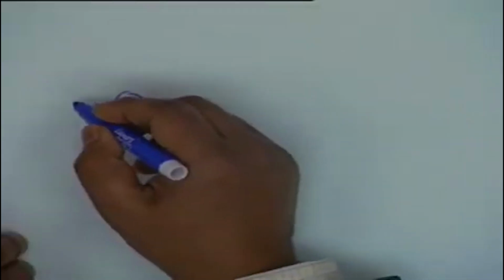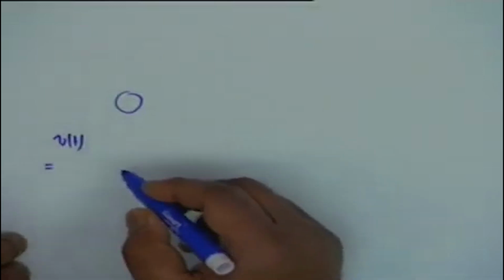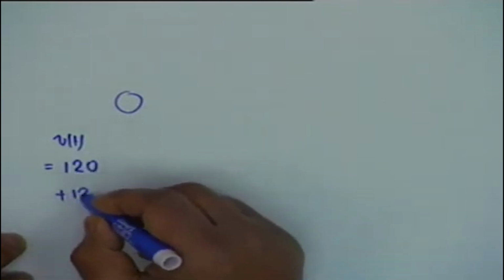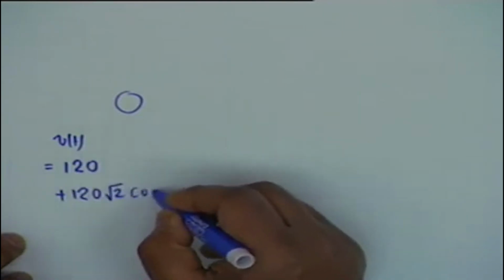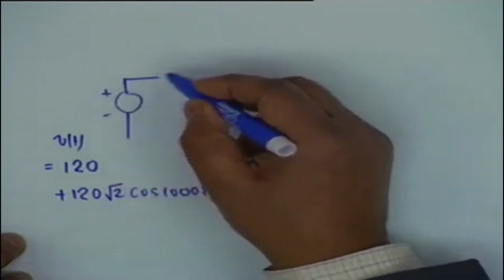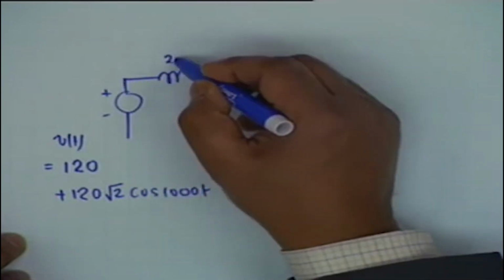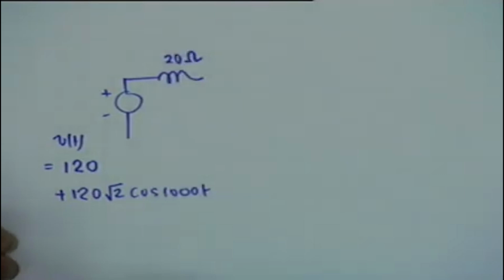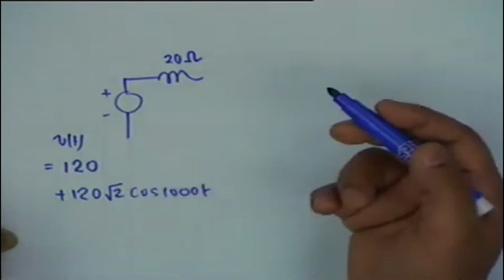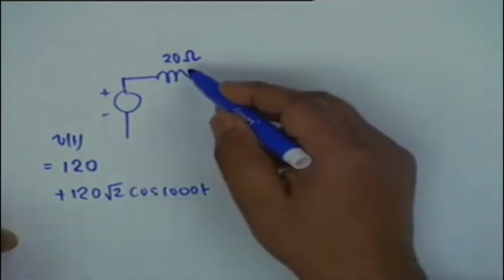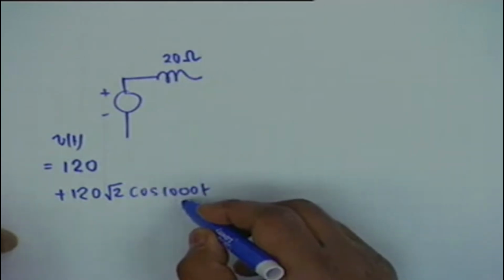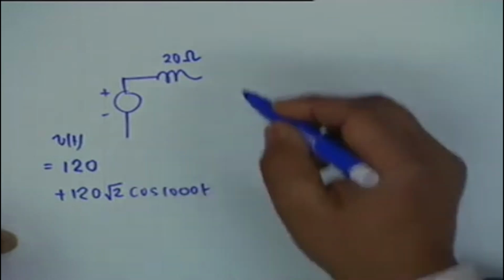We have a voltage source V of t, which consists of a DC voltage 120 plus an AC 120 root 2 cosine of 1000 t. This is one of the problems in the tutorial sheet, in fact. And then we have an inductance whose reactance is specified, and therefore its impedance shall be j times 20, and obviously this impedance is valid only at the given frequency of interest, that is 1000 radians per second.